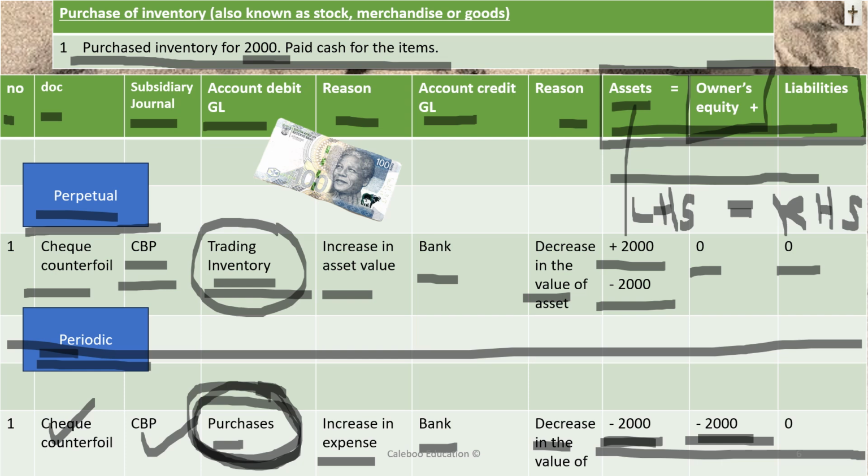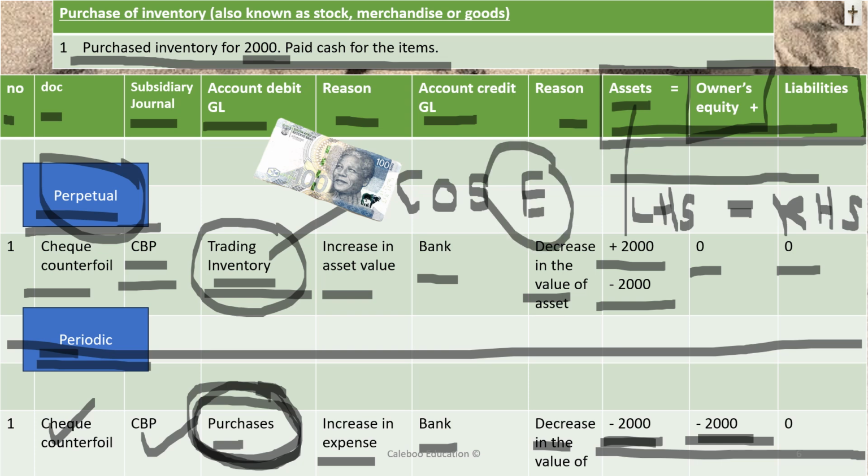When we make a sale in perpetual, trading inventory is actually expensed, and a new account, cost of sales, which is an expense, is opened. But cost of sales in the perpetual is calculated after each sale at the point of sale. Cost of sales in the periodic inventory system is calculated at the end of the period.